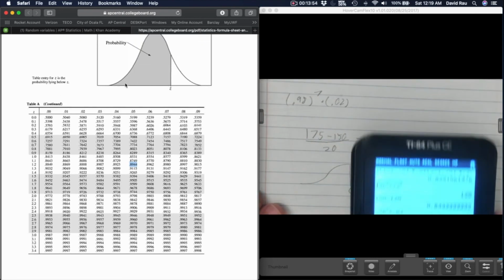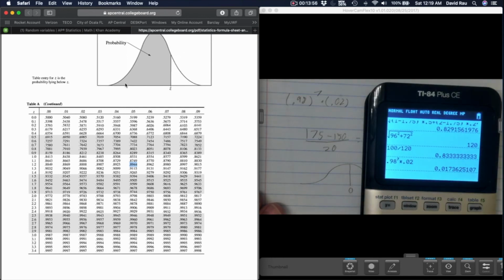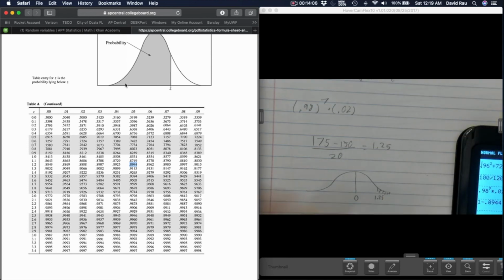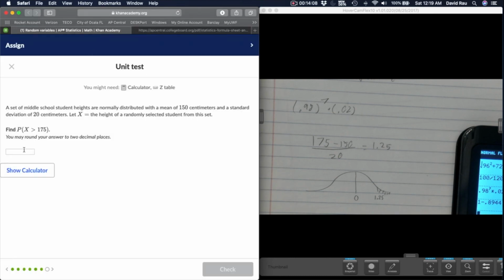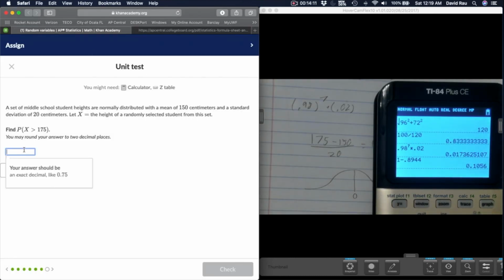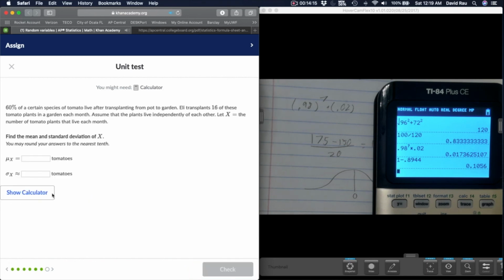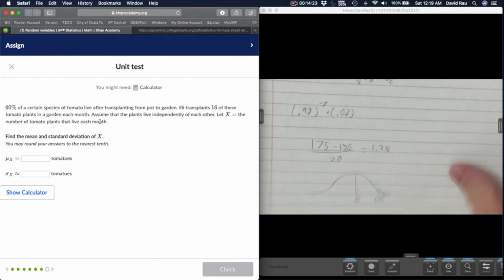So what I need to do is take that 0.8944 and subtract it from 1. Remember that all probability has to add to 1. So now this value is the value greater than the value that we wanted. So to 2 decimal places, that would be 0.11. Ooh, 2 more. I'll just speed this video up.